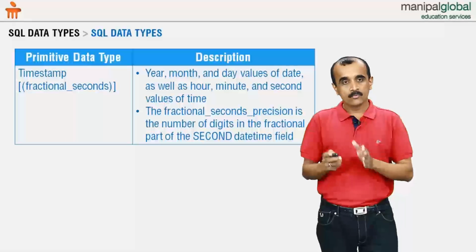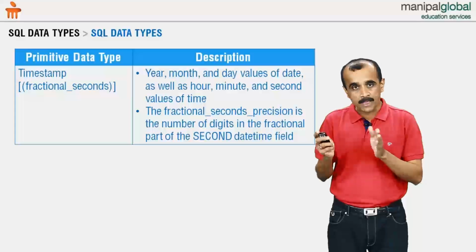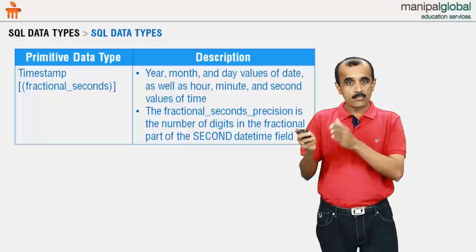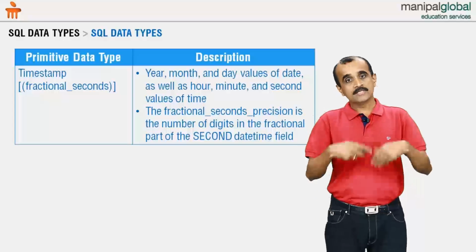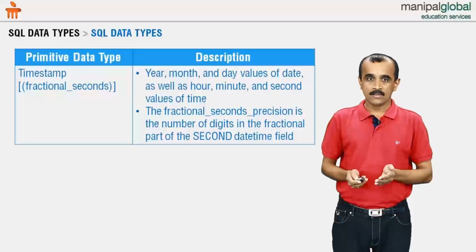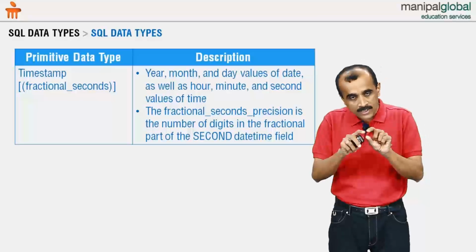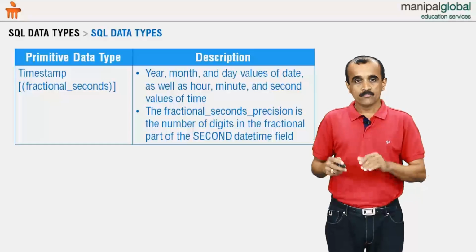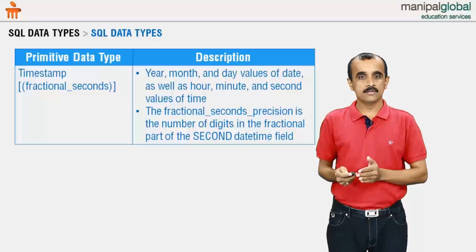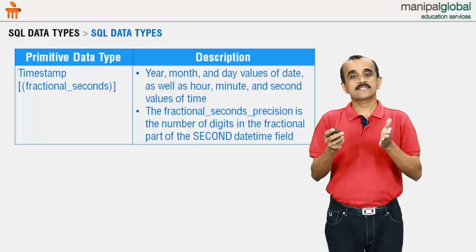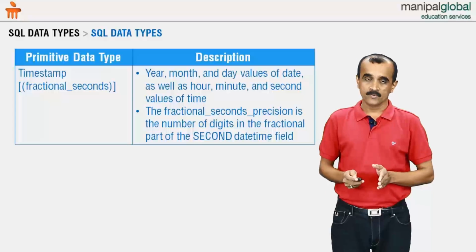We have one more data type which is called a timestamp. Along with the year, month, day values of date, it stores hour, minute and second values of time. And if I mention fractional seconds, that fractional second precision is the number of digits in the fractional part of a second date time field.